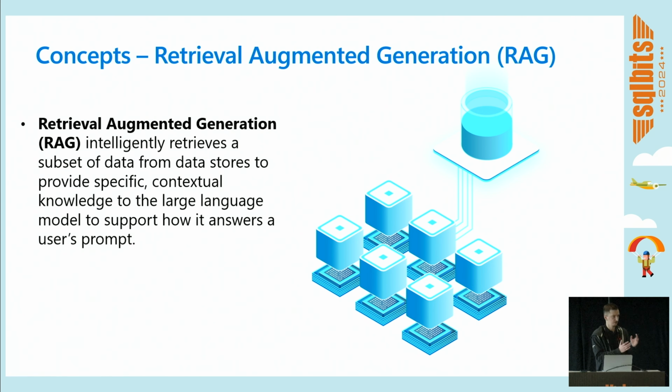Then you can grab those emails, add them to the prompt, and tell the large language model to answer the question based on the information you provided. That way the information is grounded in the data set instead of being sourced from whatever the whole data set is that may be irrelevant.